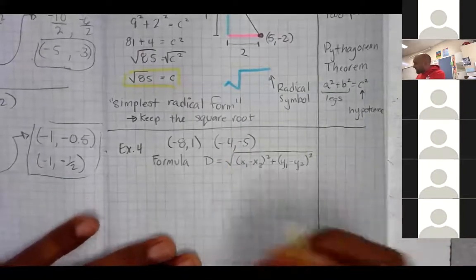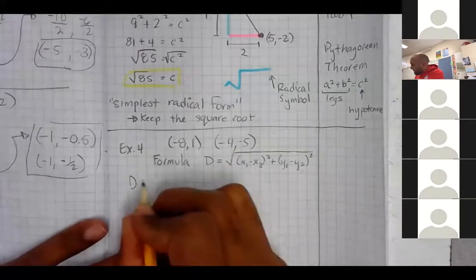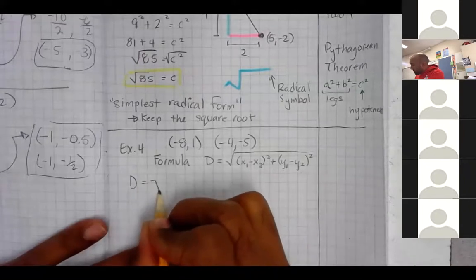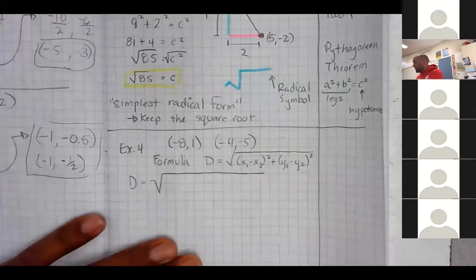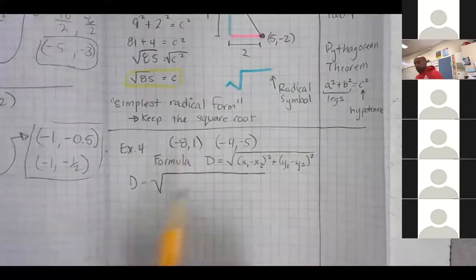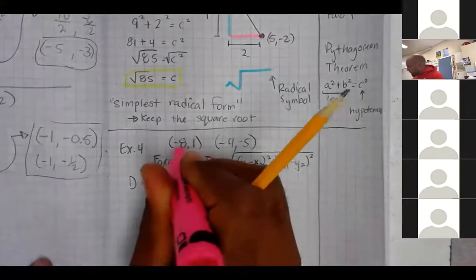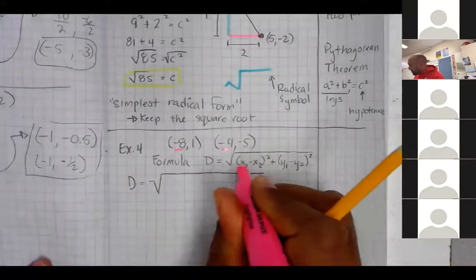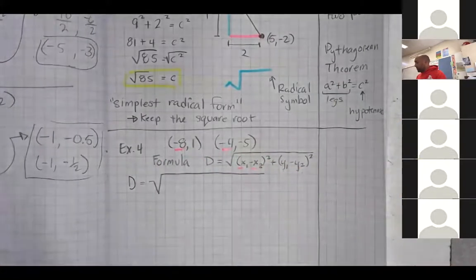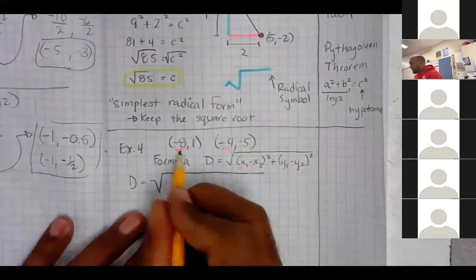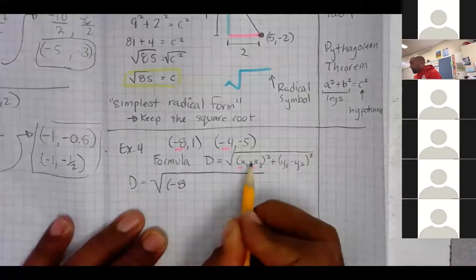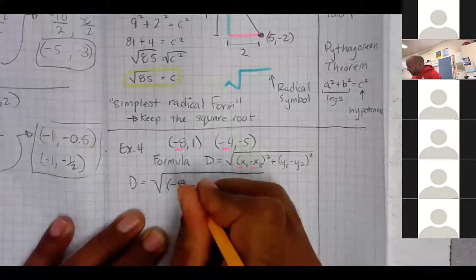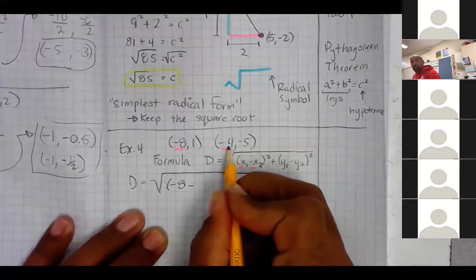Okay, so how we set this up? First, I'm going to make it kind of big so you guys can see it. First, x1, right? We got x1, x2. So x1 is -8 minus -4.